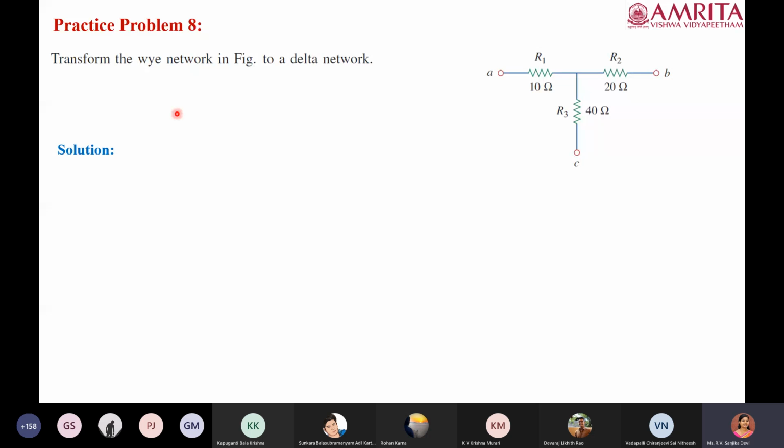The next numerical, have you copied this one? 1 minute, ma'am. Done, ma'am. I hope others have also copied it.